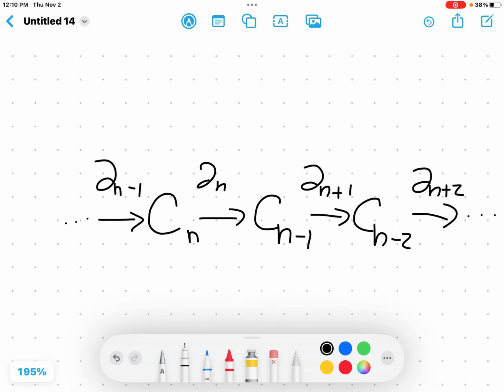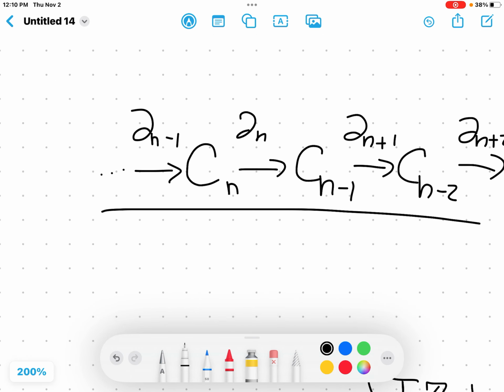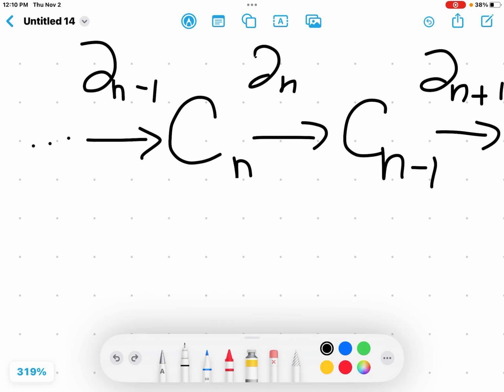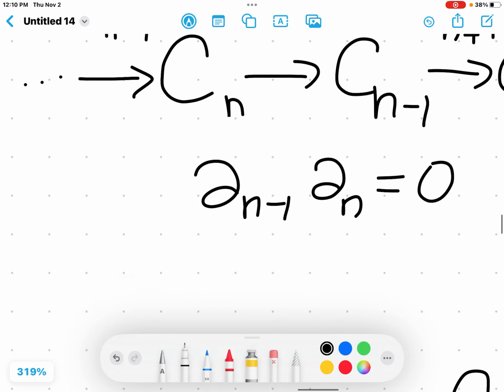Okay, so if I have these maps, I'm saying that this sequence of objects with these maps is exact when, the one is that composing two consecutive maps gives me 0.